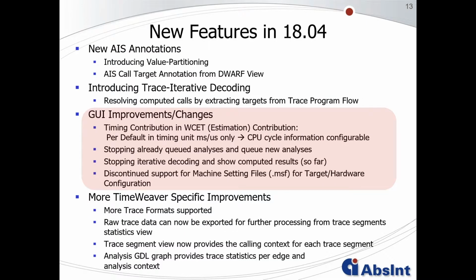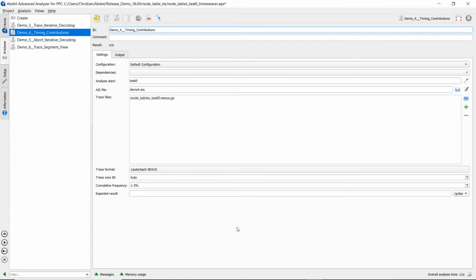Next topic are the improvements or changes in the graphical user interface. I'd like to switch directly to an example here. The first change in the graphical user interface is the statistics about the timing contributions.